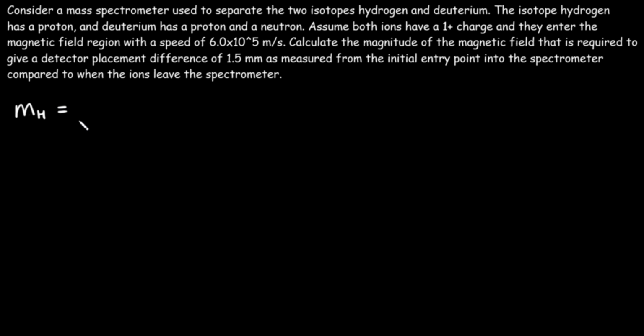MH, which is hydrogen, has a proton. So the mass of the proton is the mass of the isotope hydrogen. The mass of a proton, from my formula sheet, is 1.673 times 10 to the negative 27 kilograms.